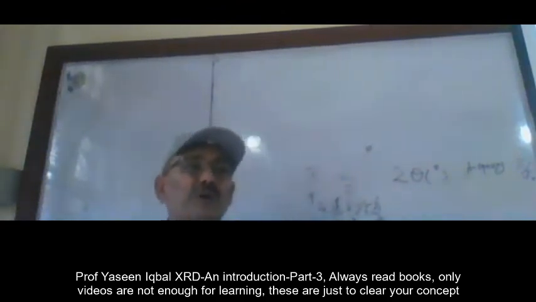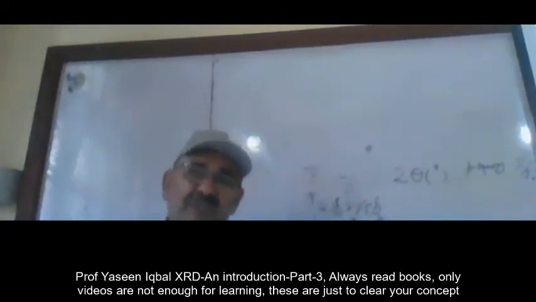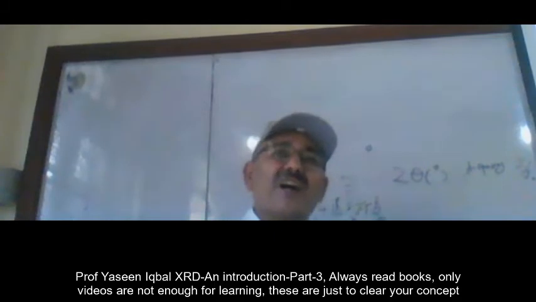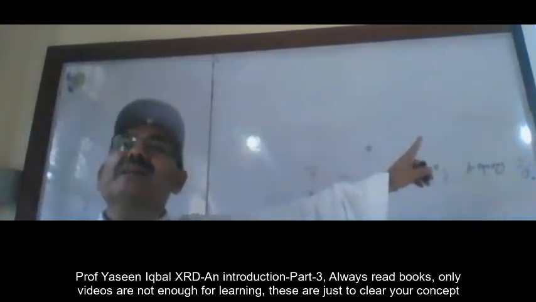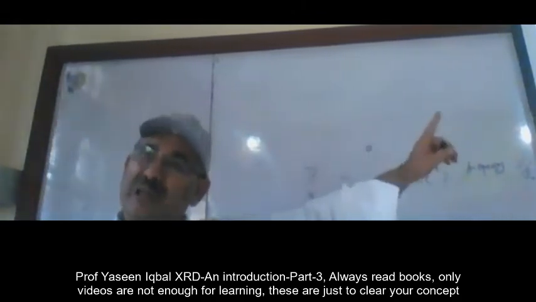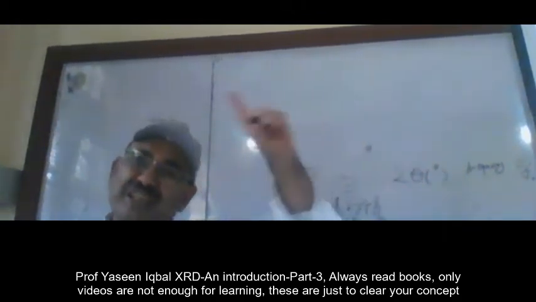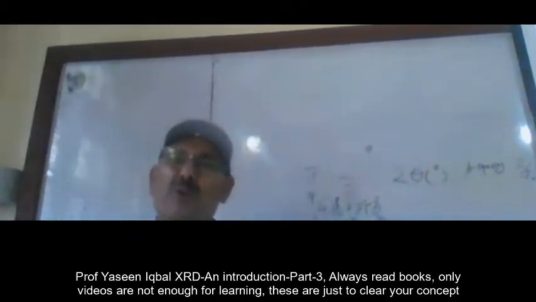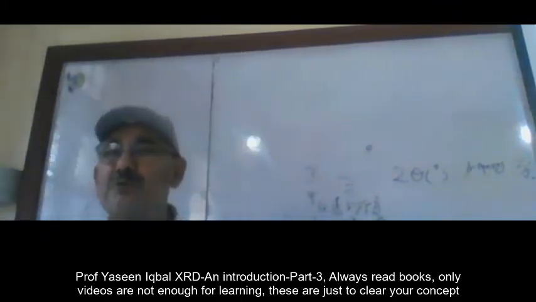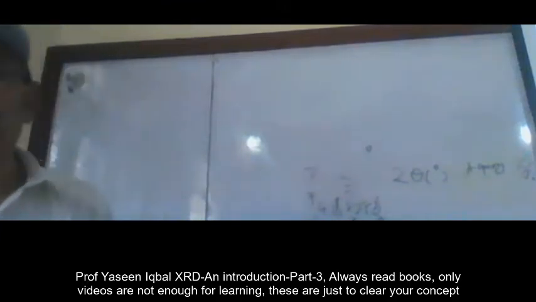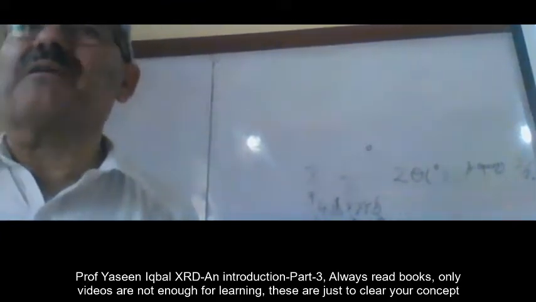So both forms are given. Sometimes even some of the ICDD cards give the intensity in the form of I, not in the form of I over I naught. And JCPDS cards were used in the old days for the identification and analysis of phases.